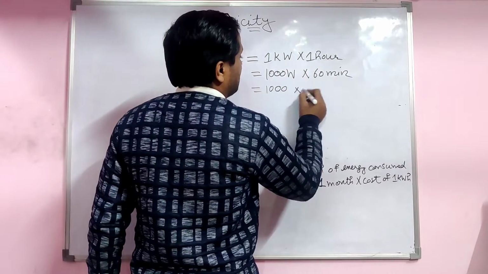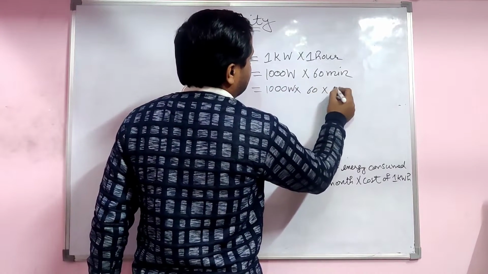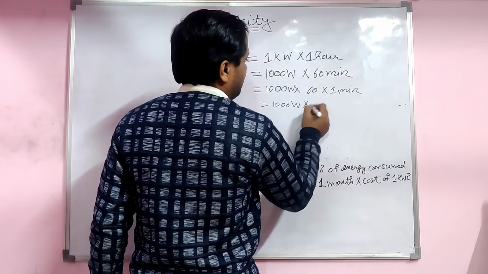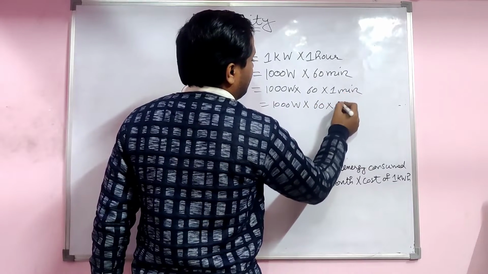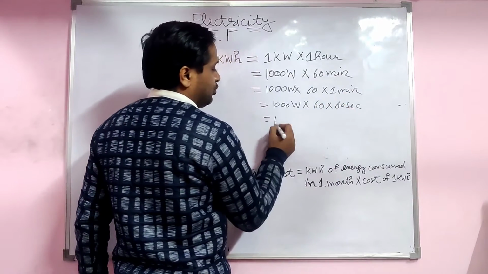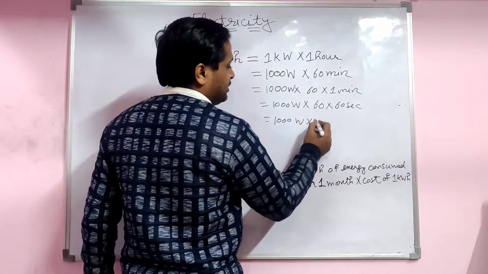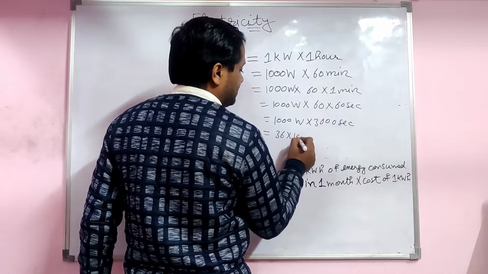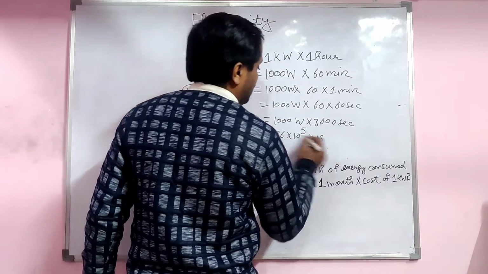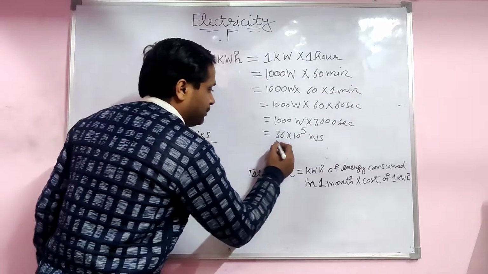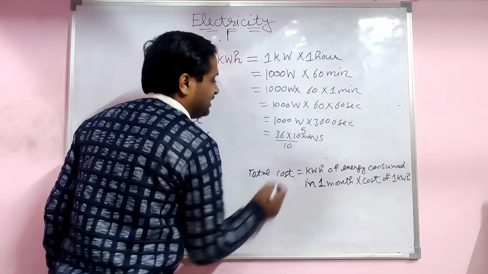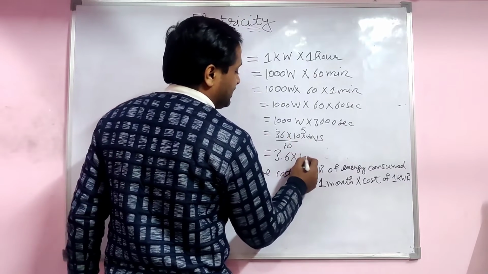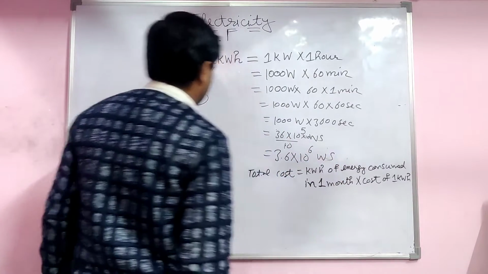So 1000 watt, and 60 minutes converted: 1 minute is 60 second. So what is the answer? 3600 second. Next, 36 into 10 raised to power 5 watt second. If you multiply with 10 and divide with 10, nothing happens. So 3.6 into 10 raised to power 6 watt second.